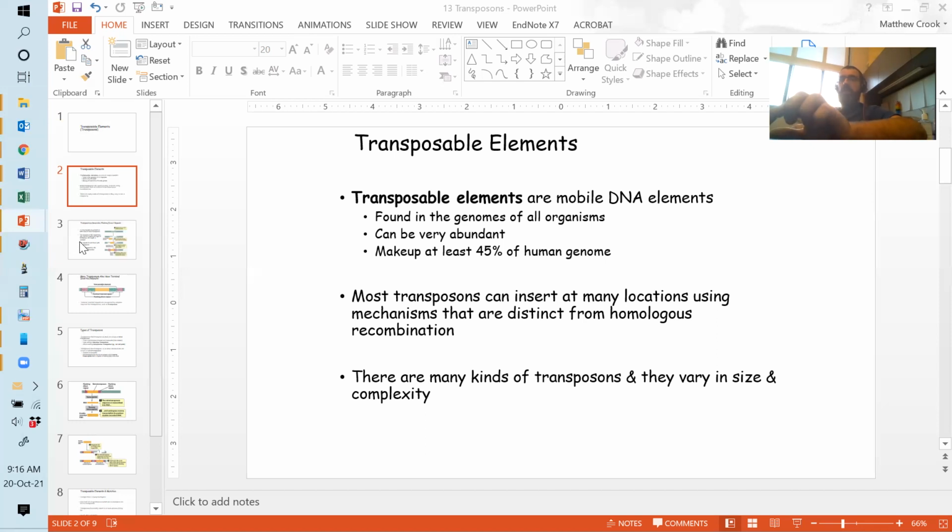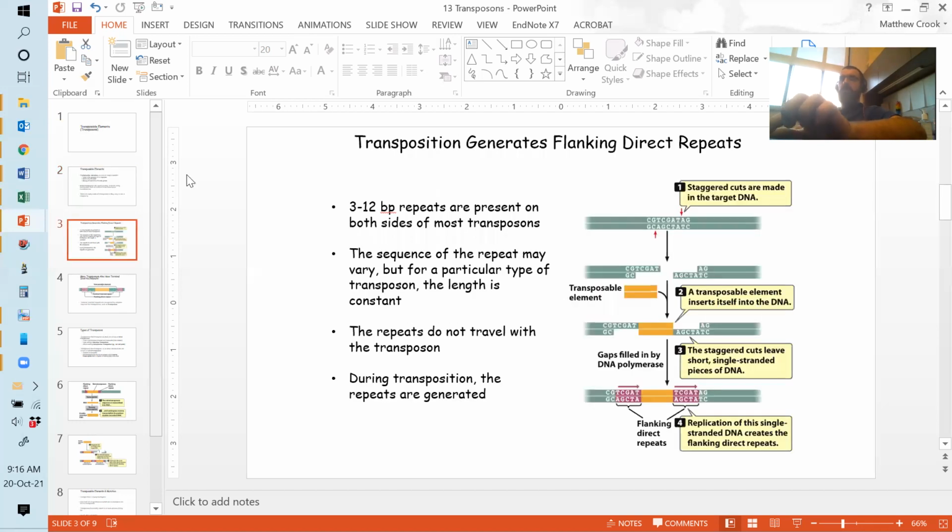And so their main mechanism, by and large, is causing a double-stranded break.